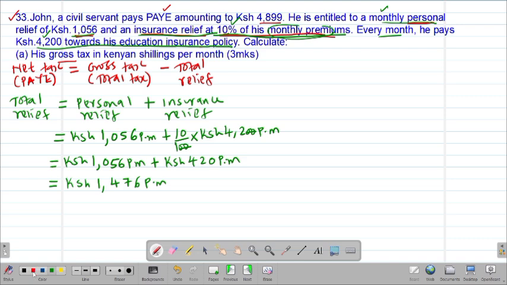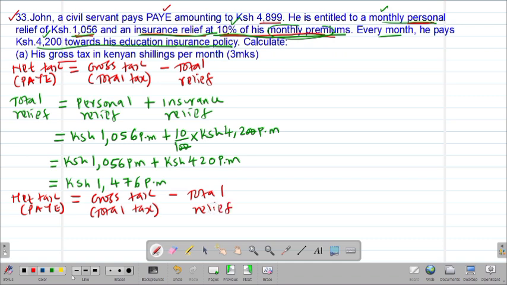Now back to our formula. Now that we already have the total relief, the formula was that the net tax, also called the PAYE, should be given by the gross tax, which is a synonym to the total tax, less the total relief.